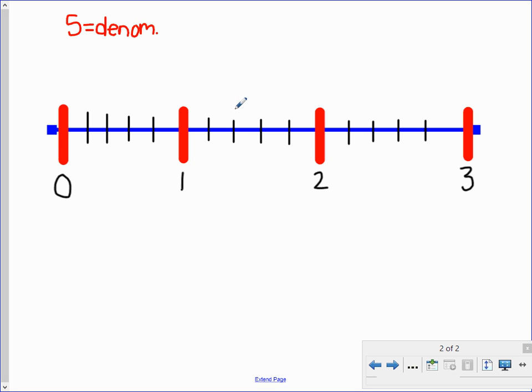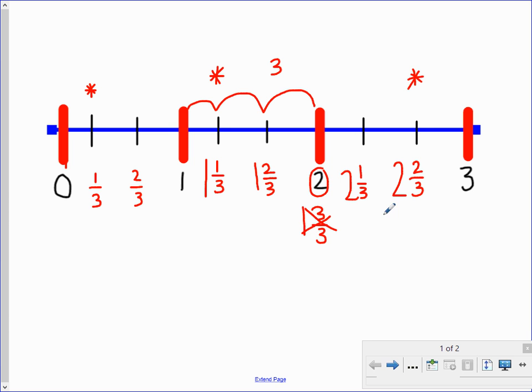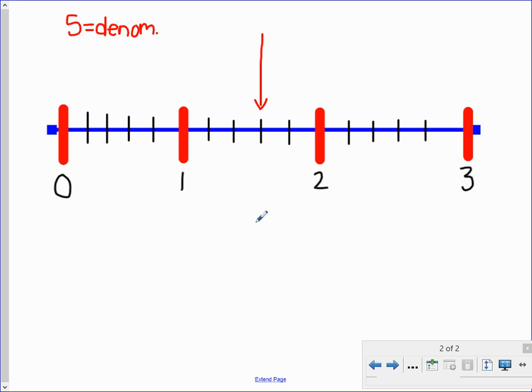Okay, now sometimes students will get a problem that might say to find what number goes here, but they want it not in a mixed number, like we had back here, 2 and 1/3, but they want it in an improper fraction. Okay, sometimes students are going to be asked to do that, not all the time, but just so I can see that they understand the reverse way of doing it.